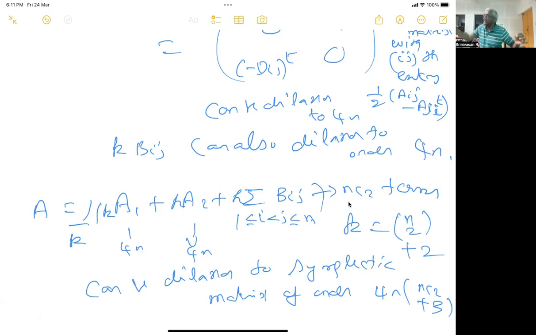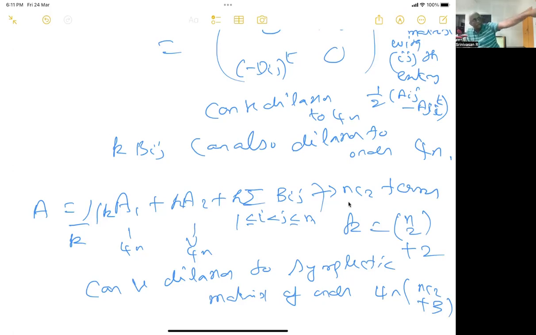If you have k terms, each one can be dilated to some 2m, let's say. So if each Bij can be dilated to 2n plus 2m, then k times that, where k is the number of terms. So k will come outside and 1 over k will be inside. So the k here is 4 nC2 plus nC2.